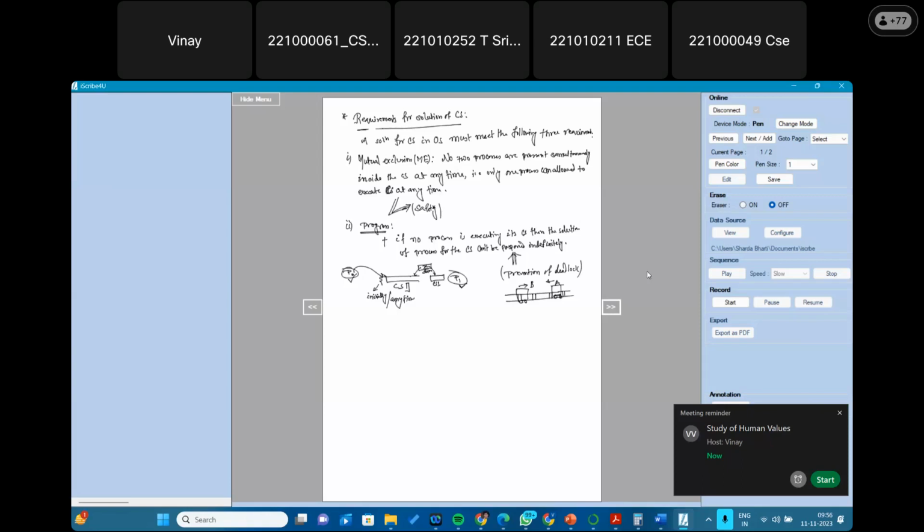So basically in a deadlock condition, no process executes its critical section for infinite or indefinite time. Okay, so prevention of indefinite time to access the critical section is known as progress.